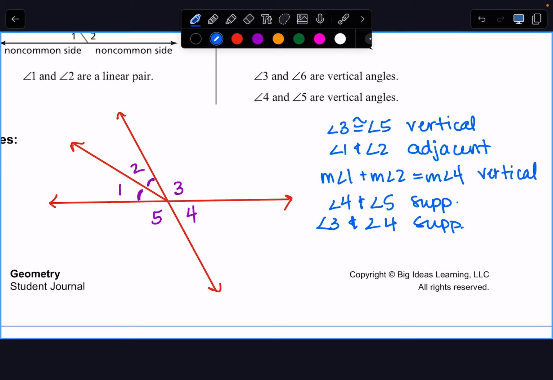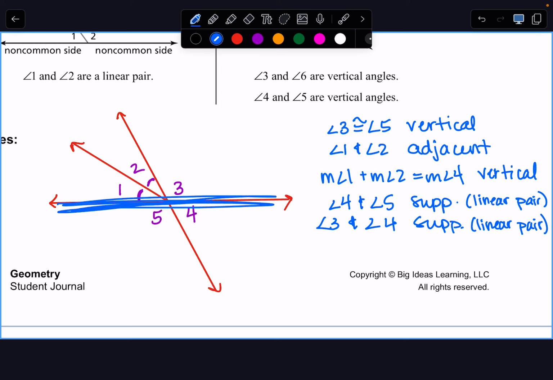Ooh, yes. So, angles 4 and 5, angles 3 and 4, yes, they're supplementary. They are also a linear pair, because they make a line.